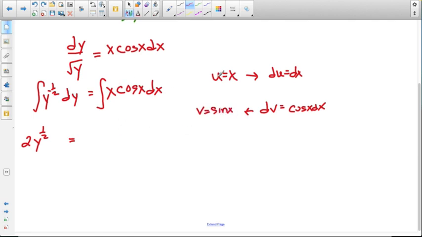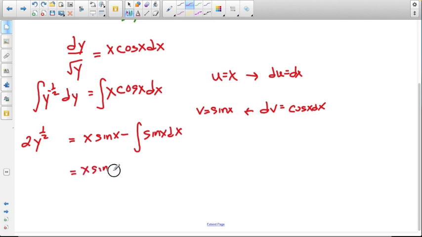And so this side is going to be u times v, which is x sine x, minus the integral of v du, so sine x dx. And then we've gotten rid of the product in the integrand.